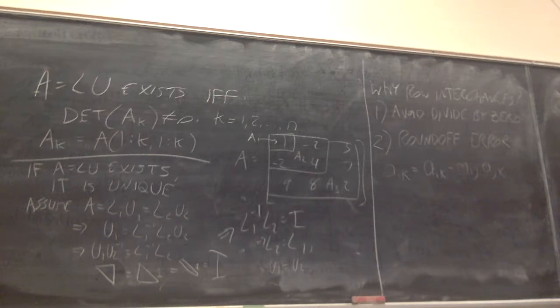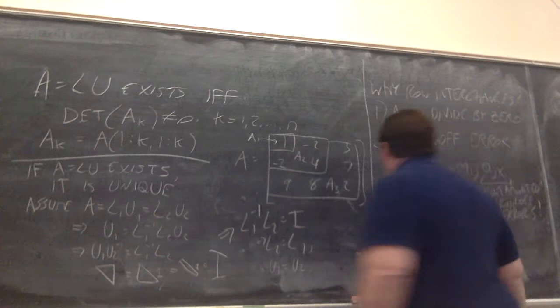So an entry like this AIK or AJK might be overwritten with a new value several times, especially if a matrix is large. So this value here, unless you're just starting, is already contaminated by round-off error as a result of previous operations.